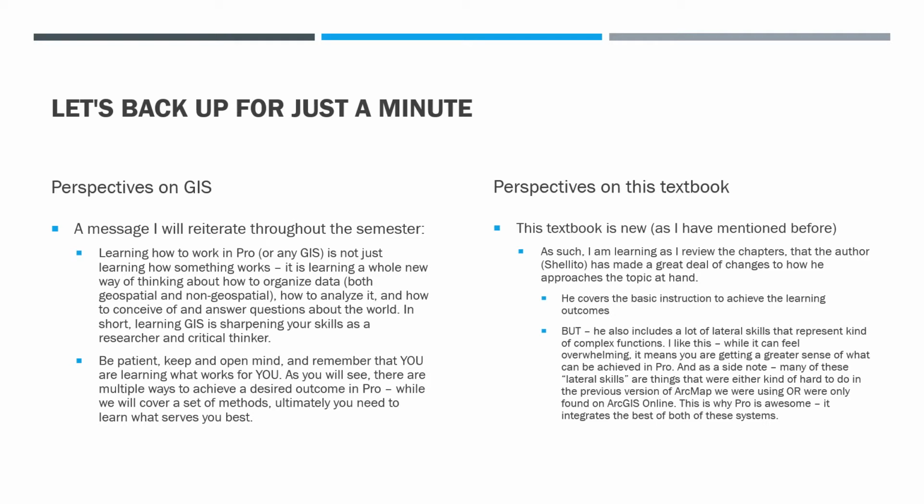So it's more than just learning how Excel works. It's actually learning to recast the way you think about and solve problems, especially if something has a geospatial element to it. Keeping that in mind, you really have to be patient with yourself, and remember that you are learning what works for you. Pro is slightly more complicated on one hand, but not complicated on the other, approach to doing GIS.